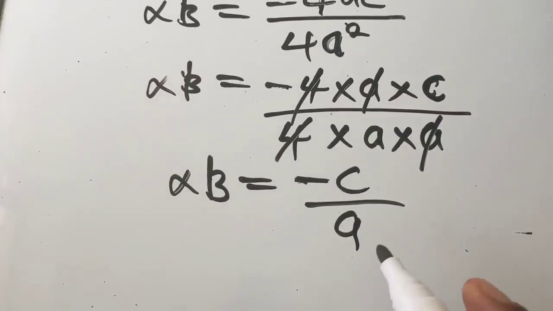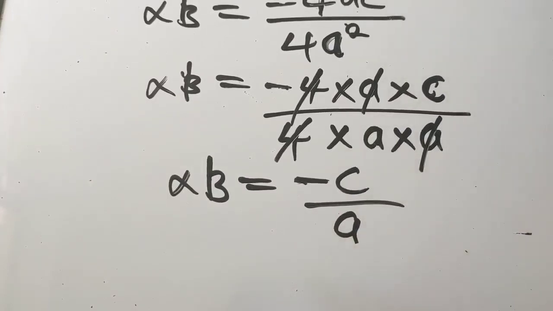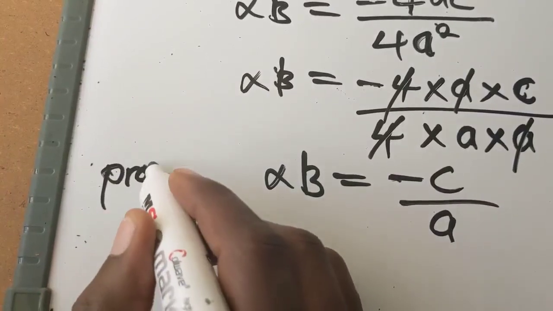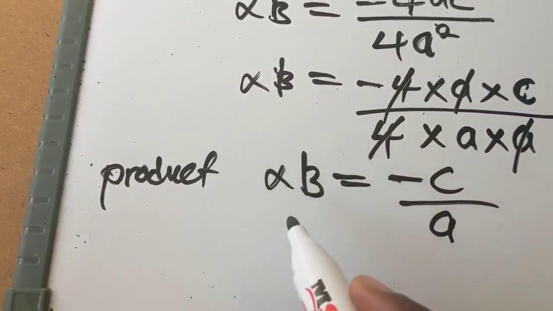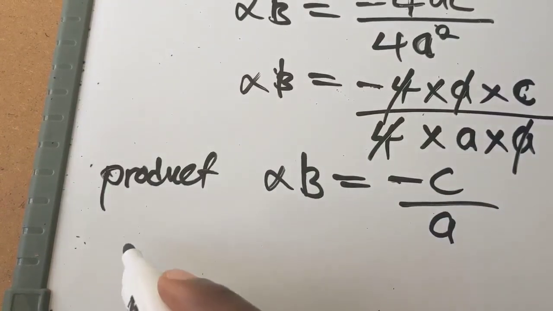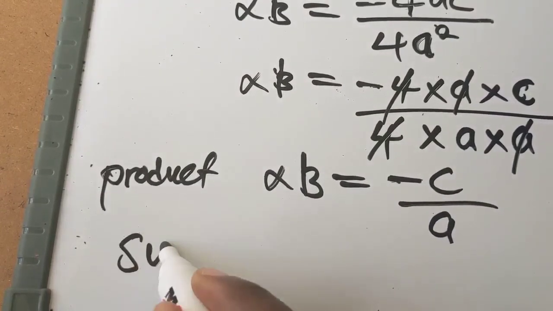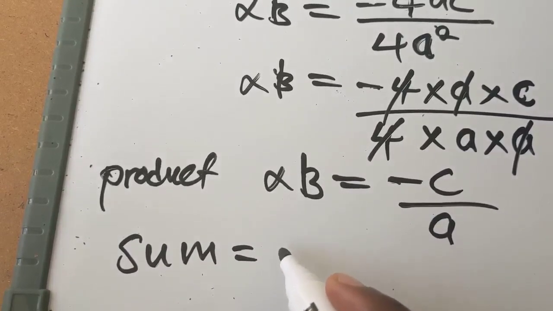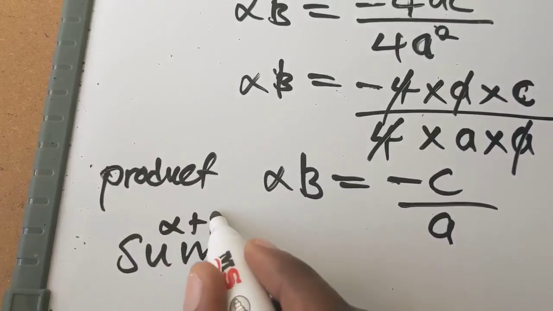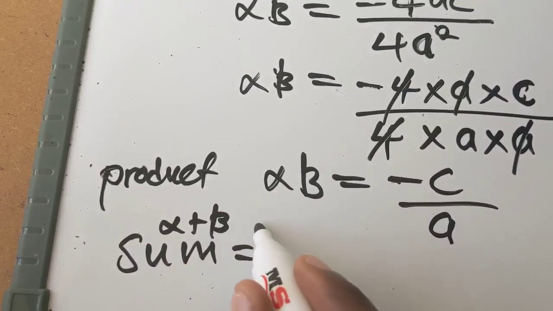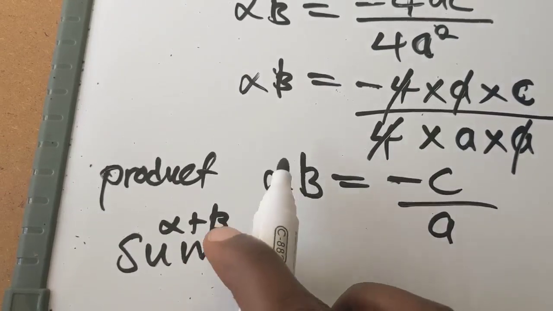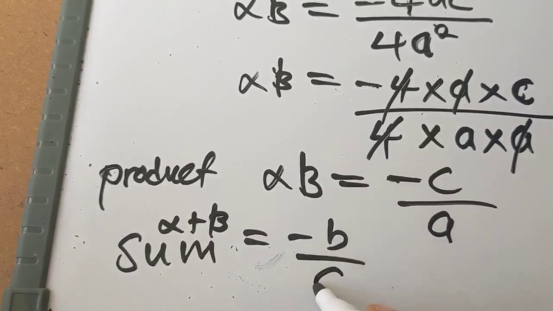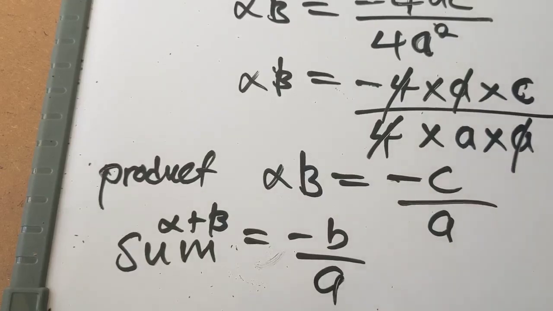So this is the formula for the product. Then for the sum, alpha plus beta, we found that it is equal to negative b over a.